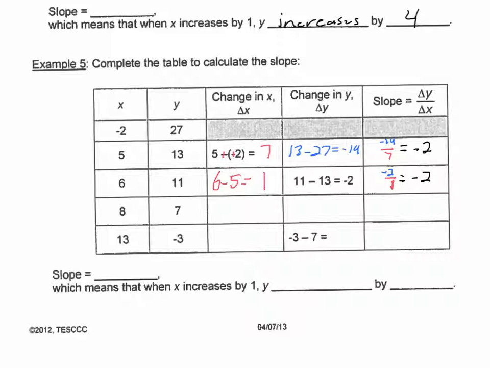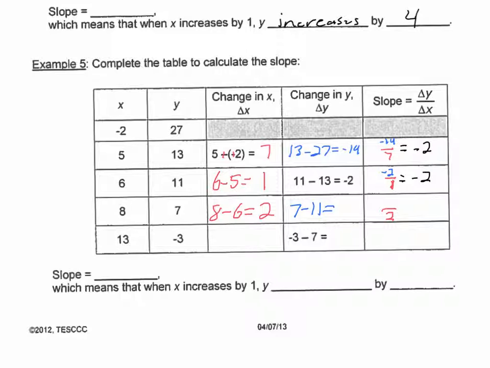Change in x. We're going to take our 8 and subtract the 6 from above it. So 8 minus 6 is 2. That means the bottom number of our slope here is a 2. Then we move on and do our change in y, which is 7 minus the 11.